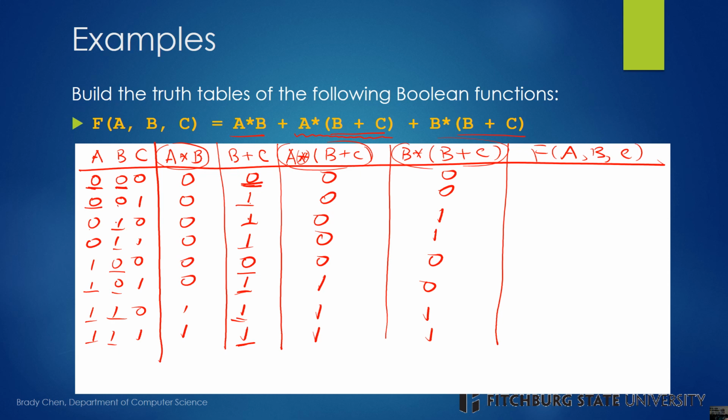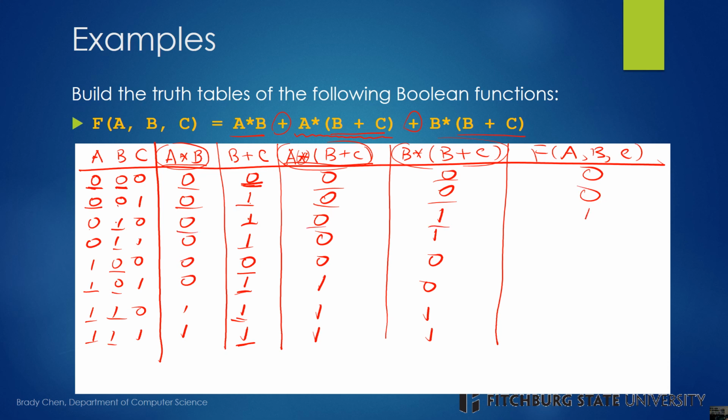Are these correct? Yes. Okay, so now we have the OR operation. You can first do the OR operation between this one and this expression, but you can do all of them together. So it's 0, 0, 0, that's 0; 0, 0, 0, that's 0; 0, 0, 1, it's 1.